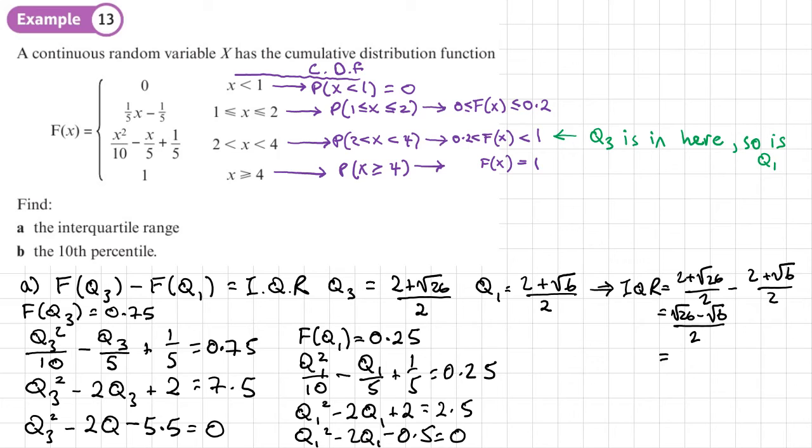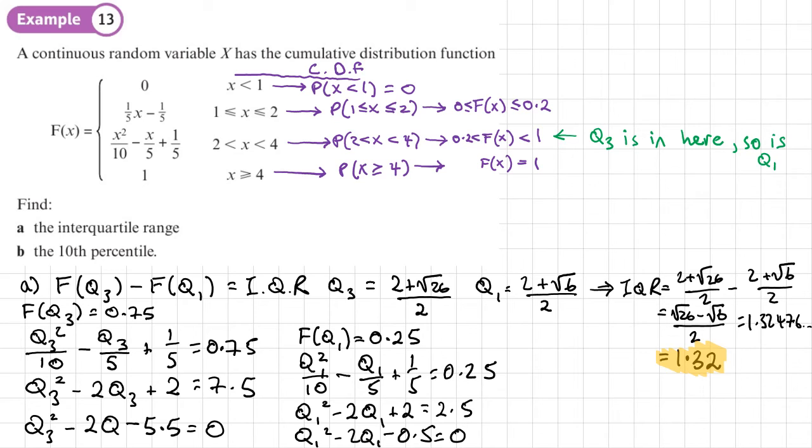We can keep that as a decimal, and that's 1.3247 something like that. So to 3 significant figures, we'll go with 1.32 as the value of our interquartile range. So let's just highlight that before we move on.